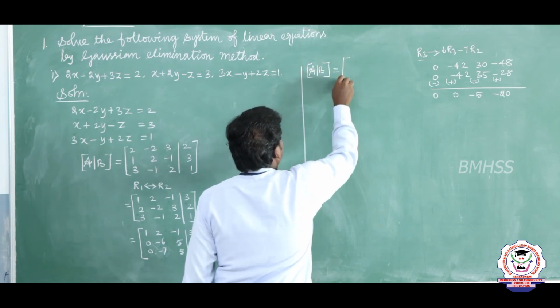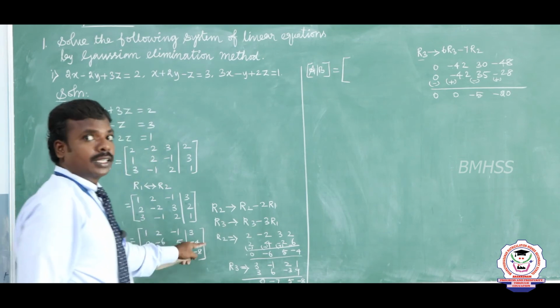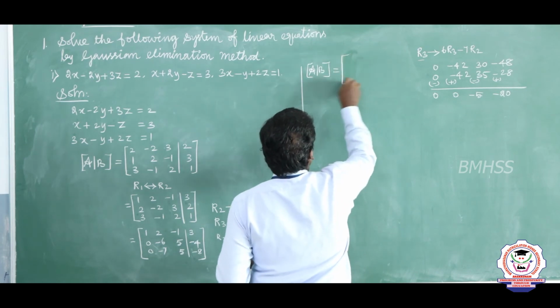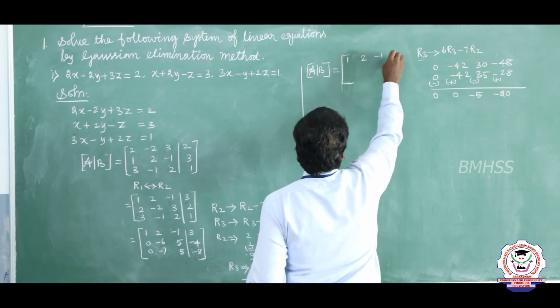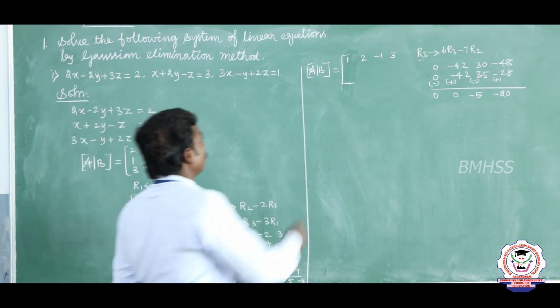In the first row there are no changes: 1, 2, minus 1, 3. In the second row: 0, minus 6, 5, minus 4.